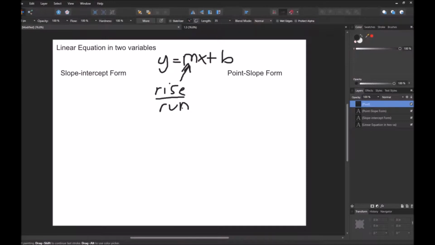And so the rise and run, even those two things sound a little bit ambiguous. The rise is just the y value, and the run is the x value. So let's say you have a slope of 1, for example. If your m is 1, that means for every one incrementation on the x value, you also have a one incrementation on the rise value.